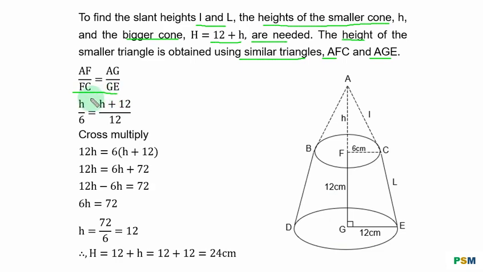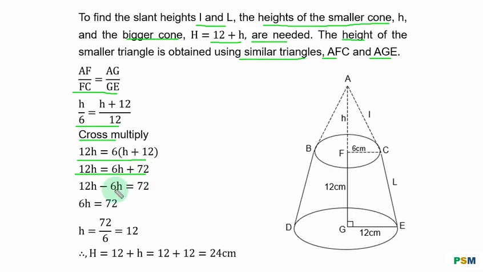That is H over 6 equal to H plus 12 over 12. Cross multiply to clear fractions. You have this result. Open the bracket on the right hand side. You have it in this form.